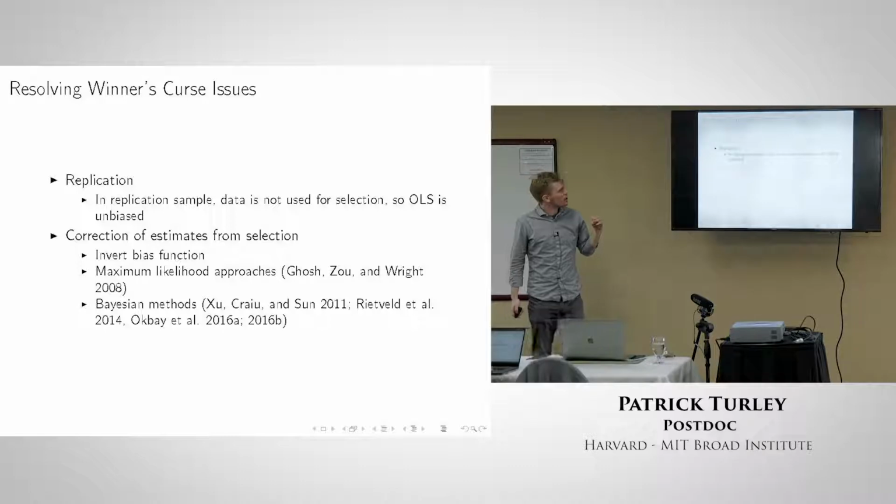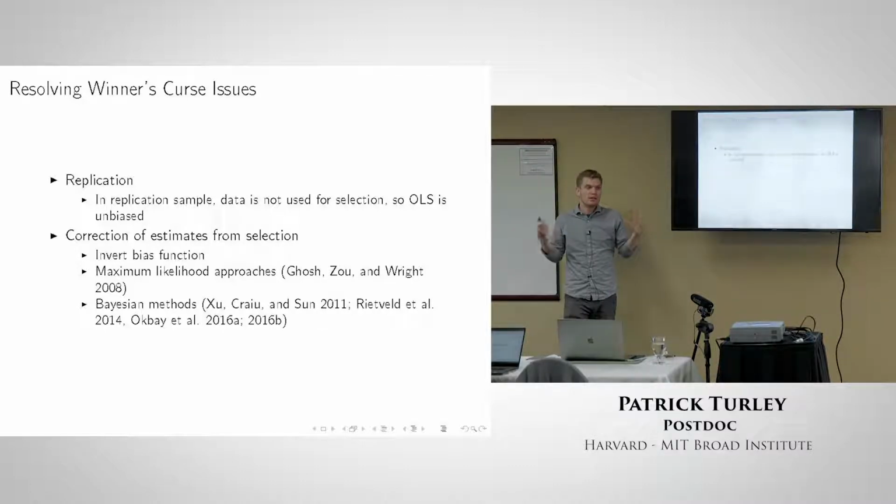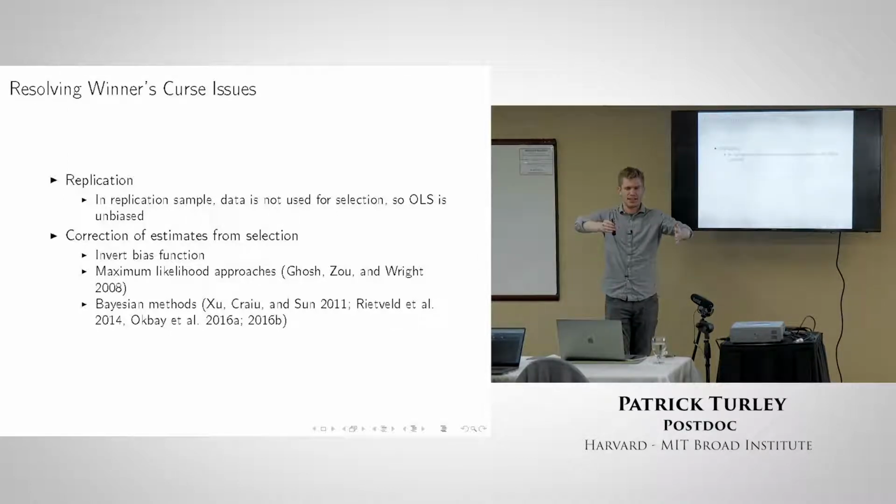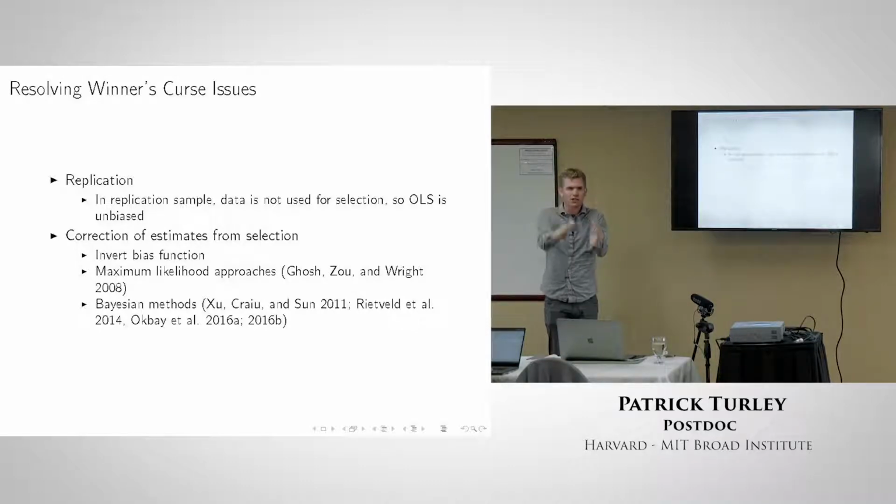And so how do we deal with the winner's curse? Well, we could replicate, right? So if we have our one data set, going back to machine learning, we have our training data set, and then we can take it to the testing data set and replicate it. Because OLS is unbiased, and we're not going to do any thresholding in the replication stage, we're just going to look at what the betas are.